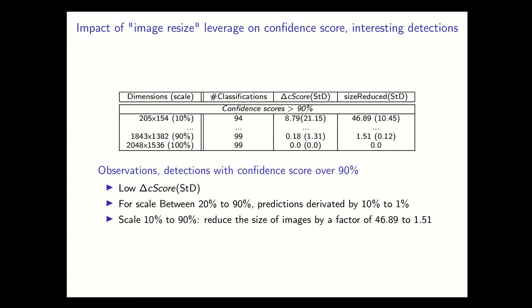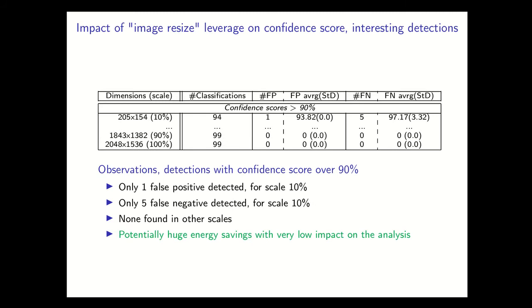For the scale between 20 to 90%, the predictions for the confidence scores that are above 90% are derived by 10 to 1%, including the standard deviation. And for the size reduced factor, it's about the same. For the scale that goes between 10% to 90%, we have 47 to 1.5 in terms of reduction. Concerning the false positives and false negatives, we have only one false positive, and it is detected only for the scale that is 10%.